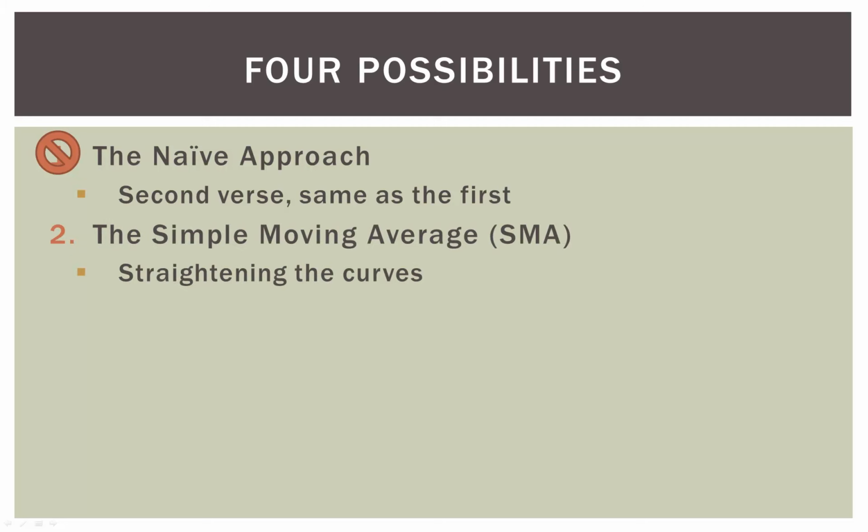We have the simple moving average, which is merely the average of, in our case, the past 3 years. Each year is weighted the same. So last year is the same as the year before that, which is the same as the year before that. We add those together, divide by 3, and that's our simple moving average for next year.